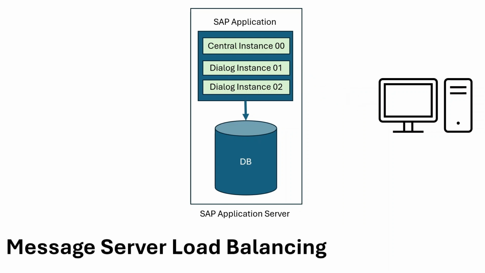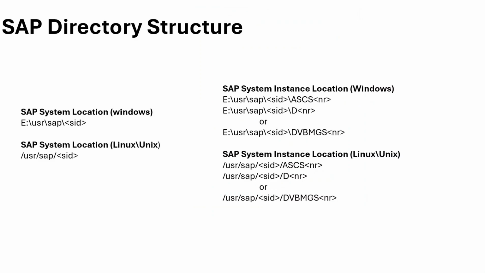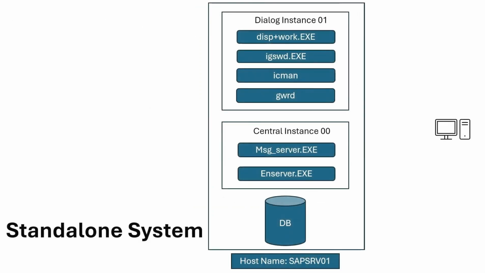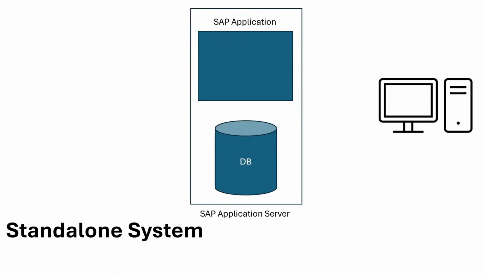You remember in the above topic I told you that the central instance has the message server. This message server keeps track of everything here: how many dialog instances you have, how many work processes you have. Now that will come into the picture.